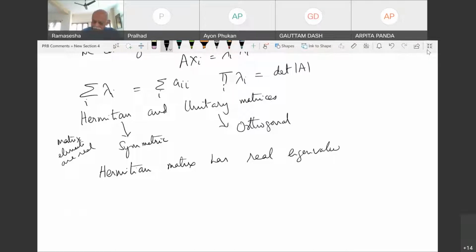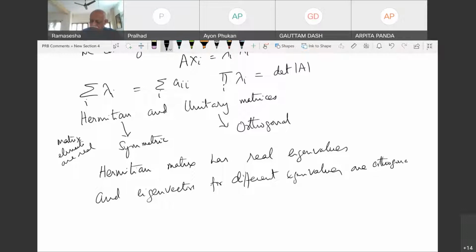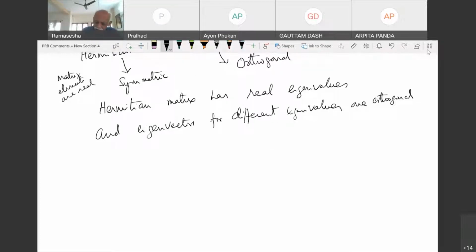And eigenvectors for different eigenvalues are orthogonal. Showed that. And then I also showed that for unitary matrices, the modulus of the eigenvalue is 1.